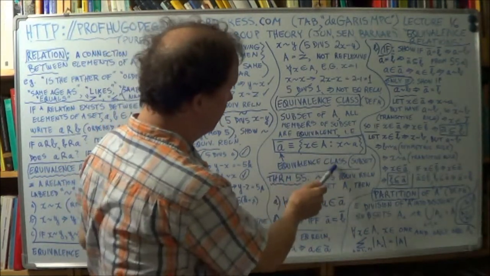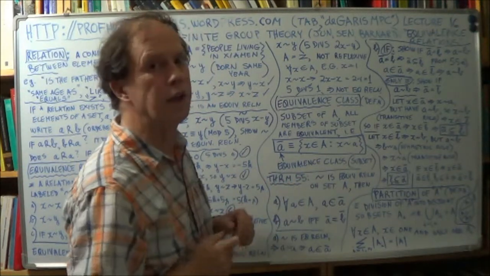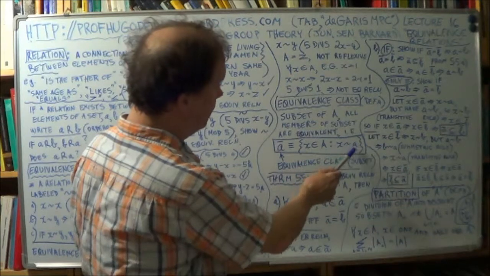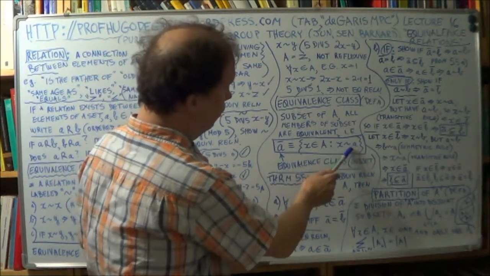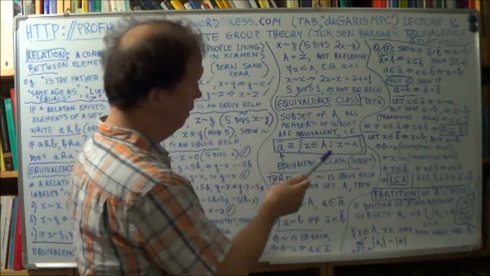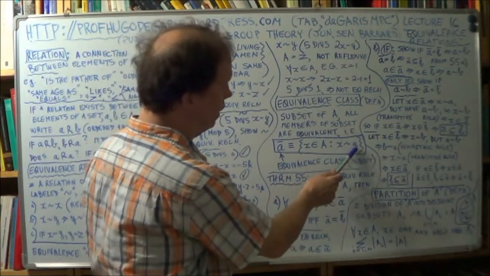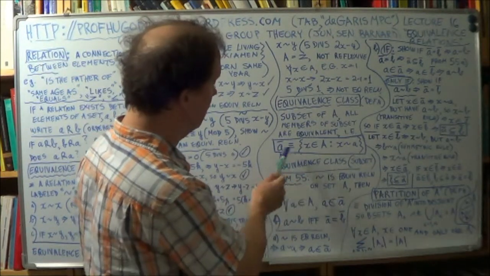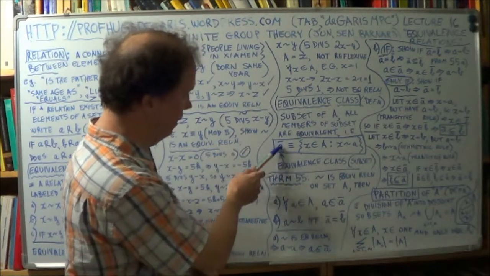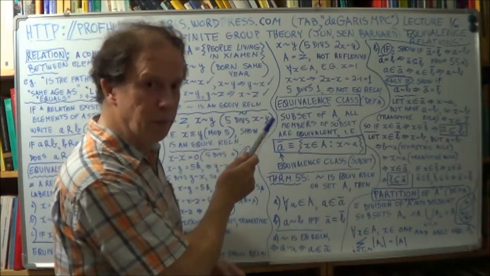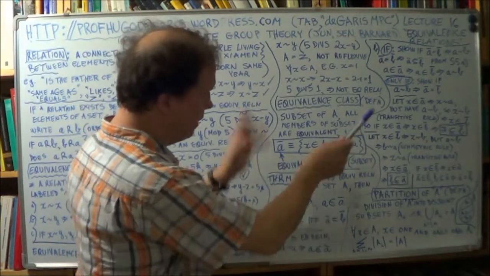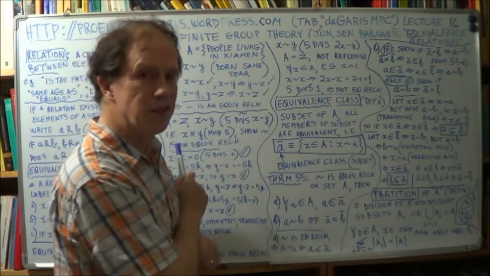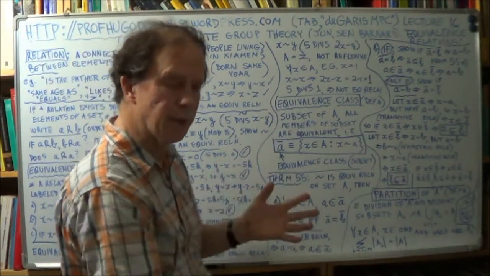But this is a standard term, an equivalence class. It's just the subset of elements where they're all equivalent to, let's say, this element A. So you talk about the equivalence class of little a. Little a is an element, right? It's the subset of all the elements that are equivalent to this little a. That's an equivalence class, equivalence subset.